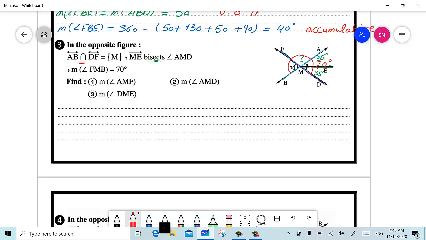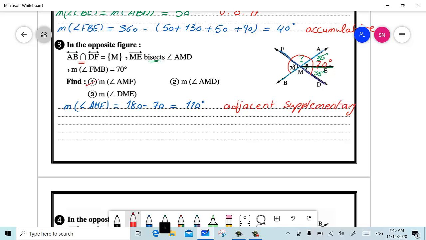So, simply, if I want to find this missing angle, it's composed of two angles. One of them I already have, and the other is the one he's looking for. So, measure of angle AMF is equal to 180 minus 70, which is equal to 110 degrees. And don't forget to write the reason: they are adjacent supplementary angles.